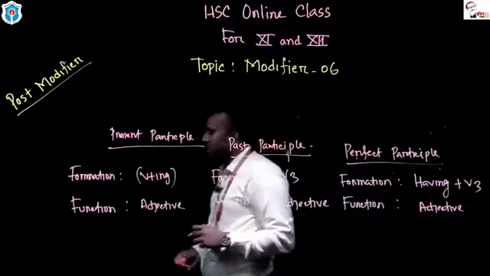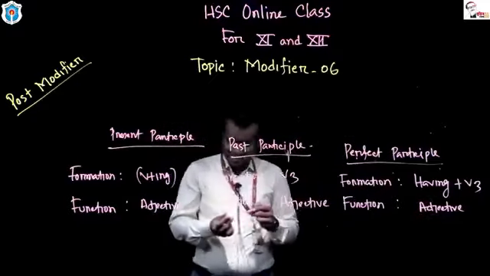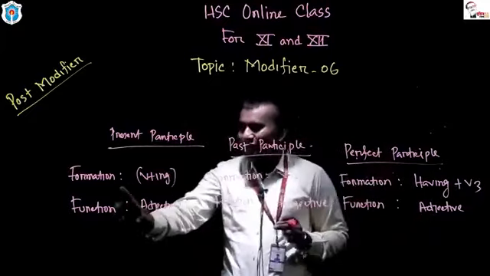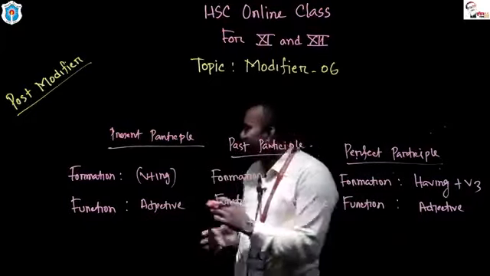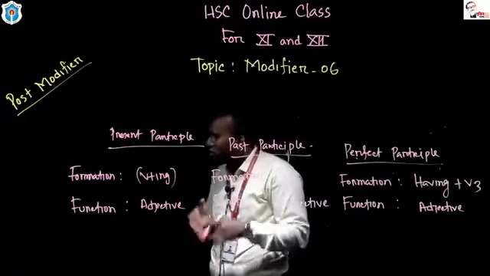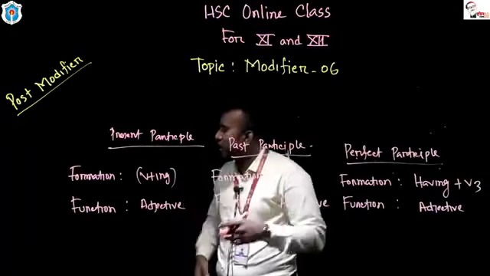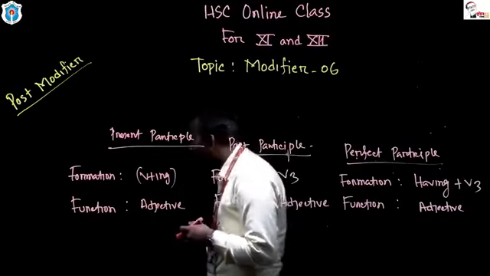Is it clear to you, my dear students? Present participle, past participle, and perfect participle always work as adjective. Clear to you? Do you have any inquiry regarding the information on the virtual board? Okay.